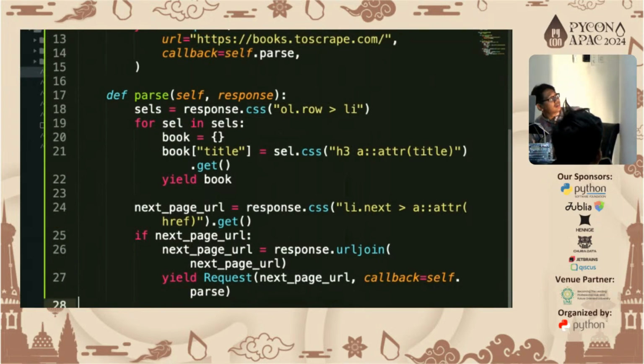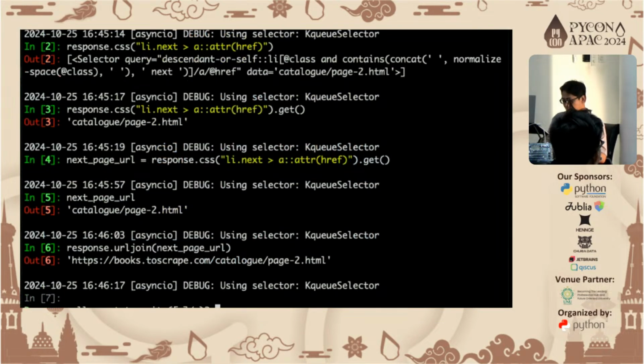So here we add the code to get the next page URL, and then if it is available, we will request the next page. Okay, let's run our spider again.